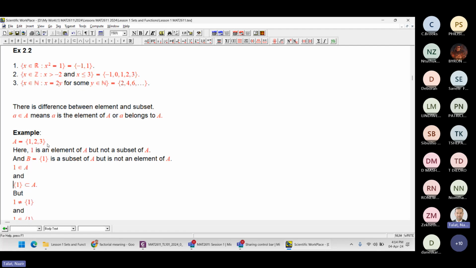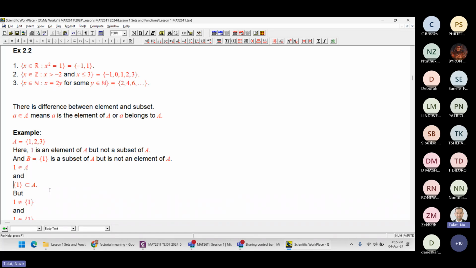Proper means that there are also some other elements which are in set A but not in set B, because A contains also 2 and 3, but B contains only the one element.